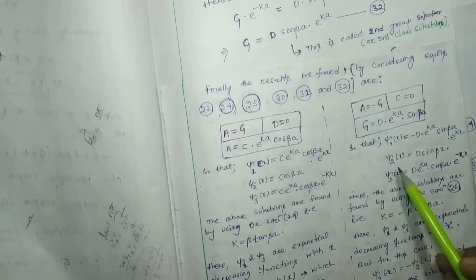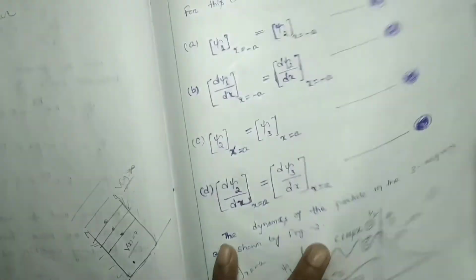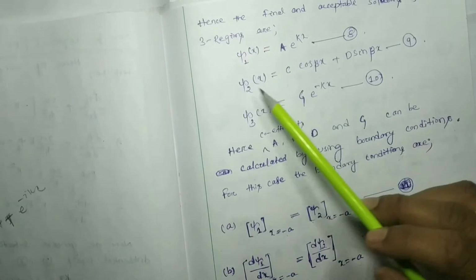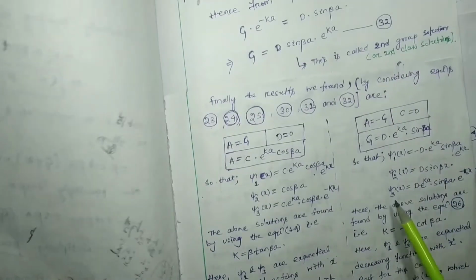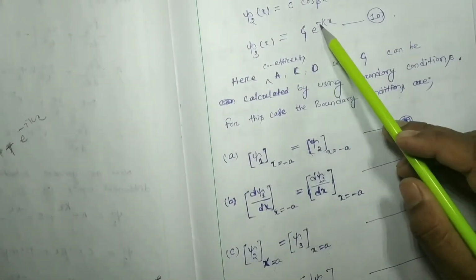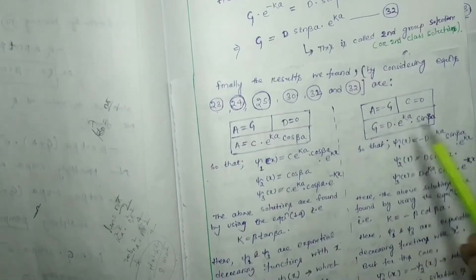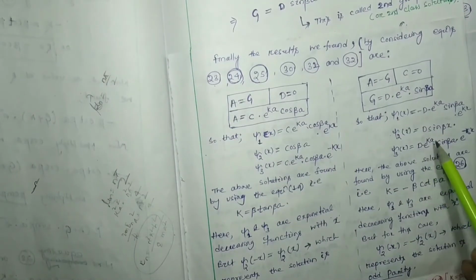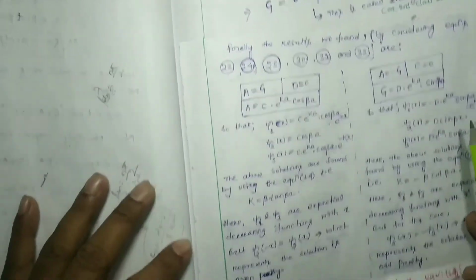Psi 2(x): here C equal to 0, so psi 2(x) will be D sin beta x. And psi 3(x) is nothing but G e to the power minus kx. Instead of G we put this value, so it will be D e to the power ka sin beta a into e to the power minus kx. Okay, watch carefully.